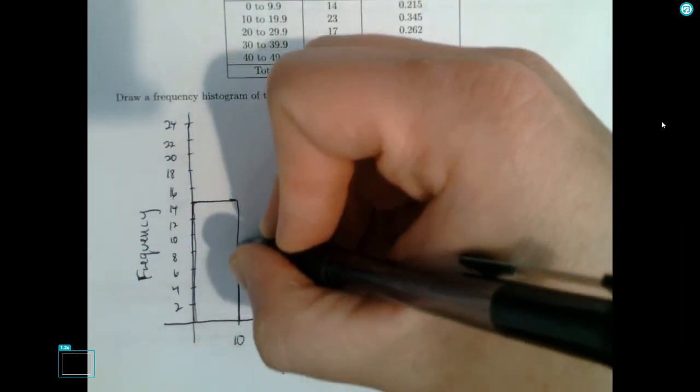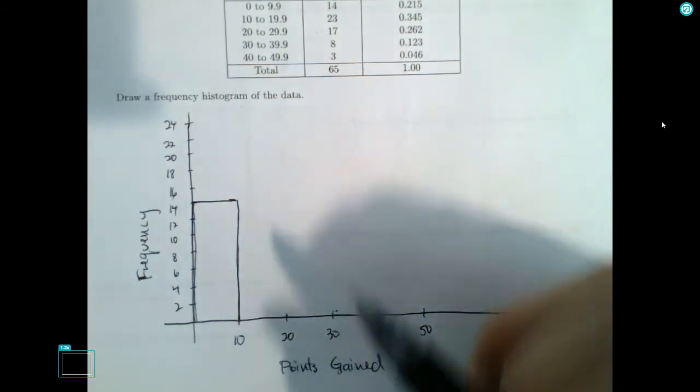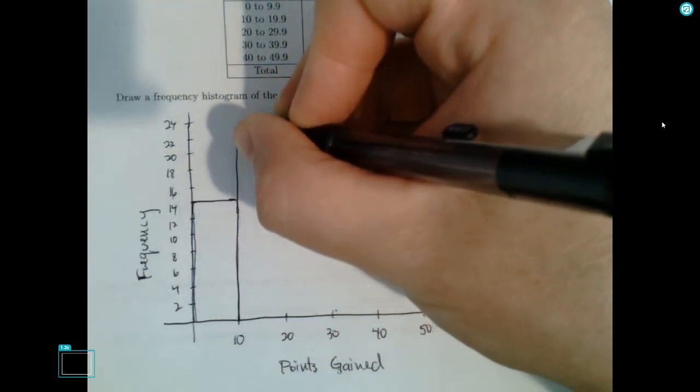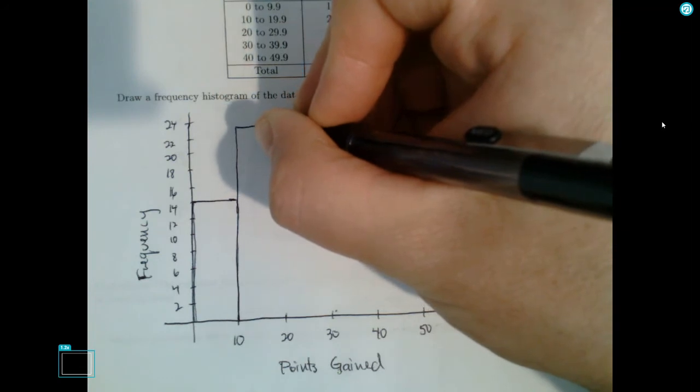Okay, so there's that first bar. If you want, you can put another line on there. The next class should go to 23. The next class is 10 to 19.9, so it should cover all the space between 10 and 20, right? And there are 23 in that class, so 23 is right between 22 and 24.